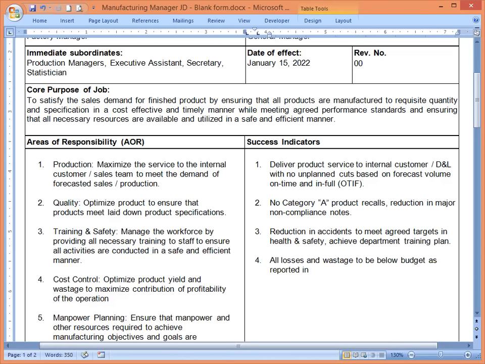in SAP. I'm not sure if you know this SAP. This is a database made in Germany.